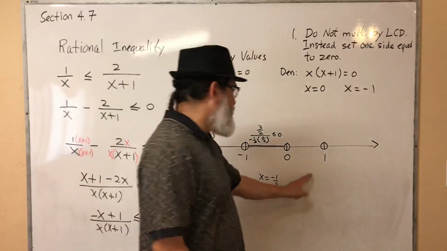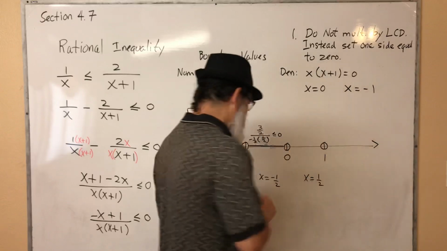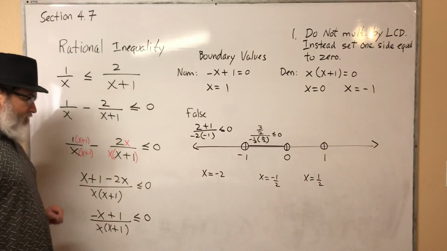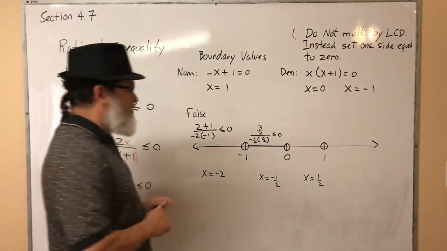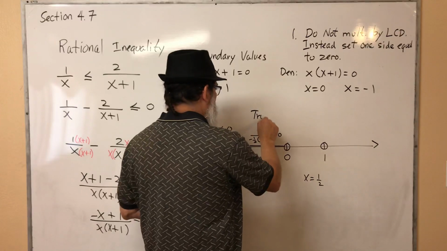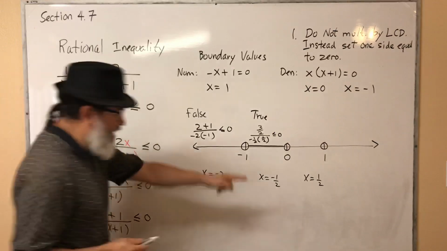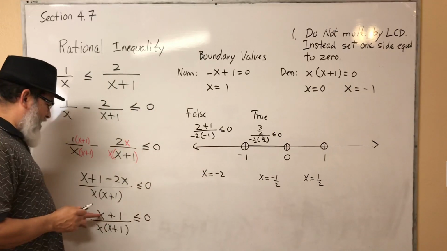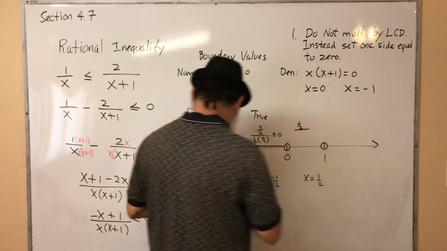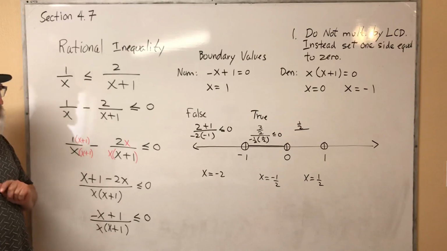What about here? What do you want to try? Try half? That's negative half. Plus 1 is positive. But I'll write it down. When you plug in half there, negative half plus 1 is positive half. Divided by, this is positive and that's positive.